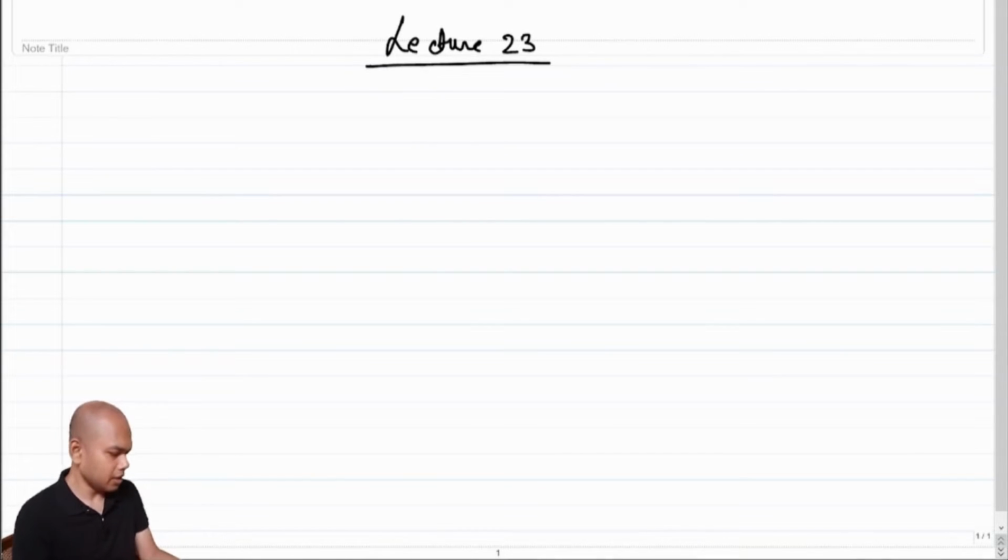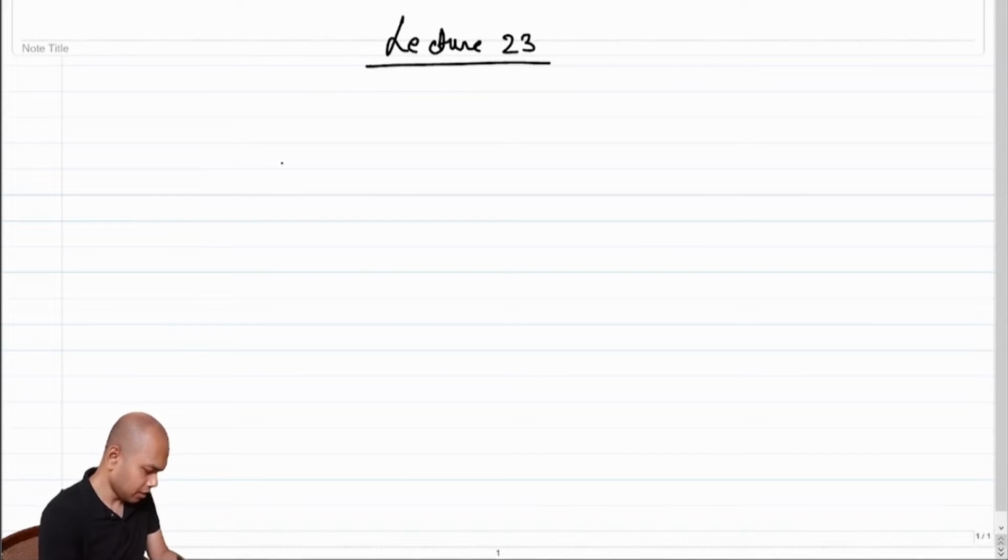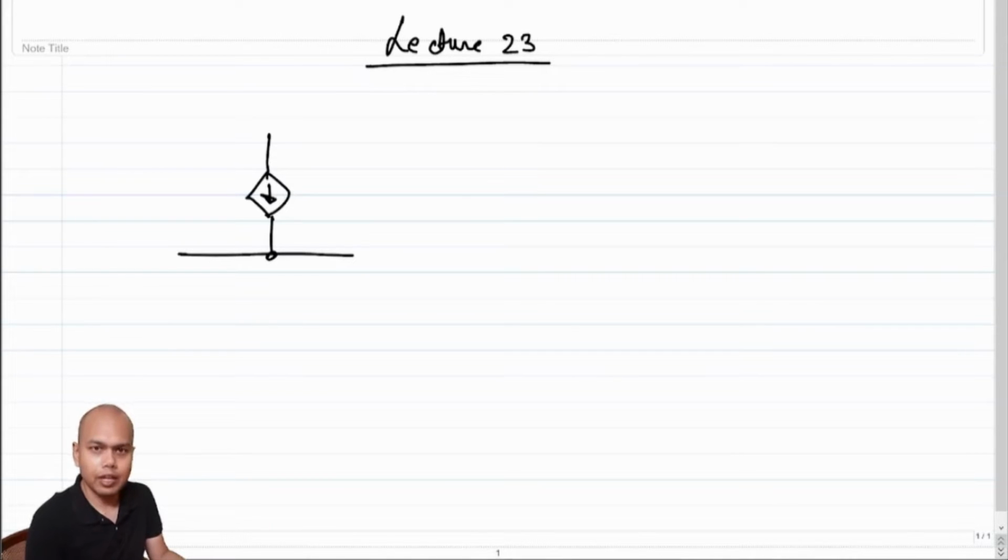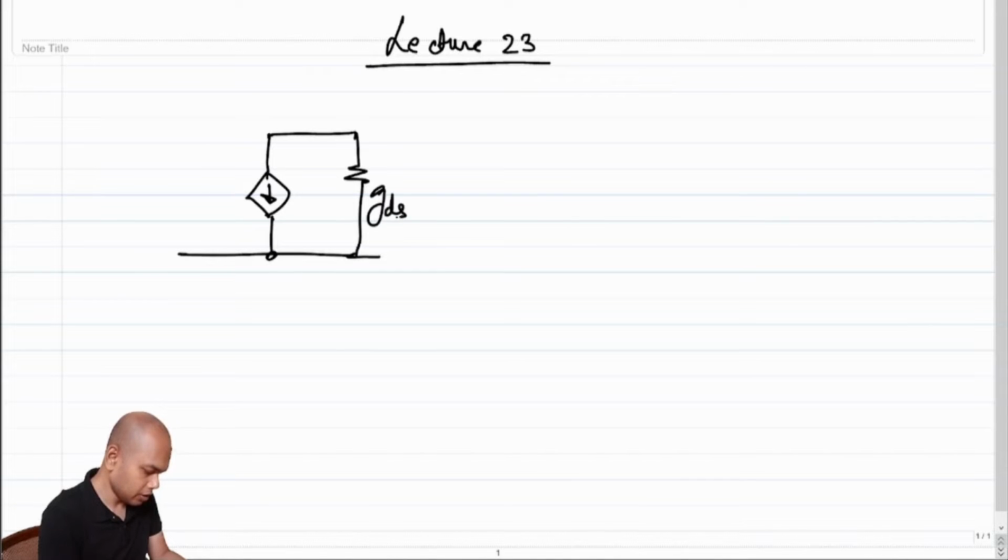So we were discussing in the previous lecture the effects of Y22 or GDS on our common source amplifier, and we saw that if we incorporate the effect of non-infinite output impedance, or non-zero output conductance, so if this is GDS grounded in our common source amplifier, this becomes the model.